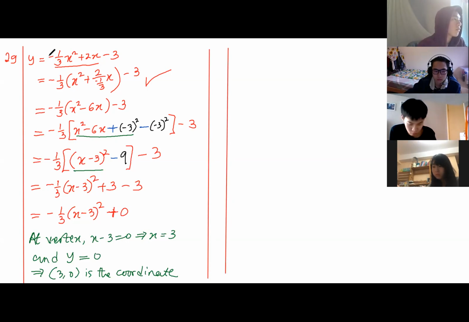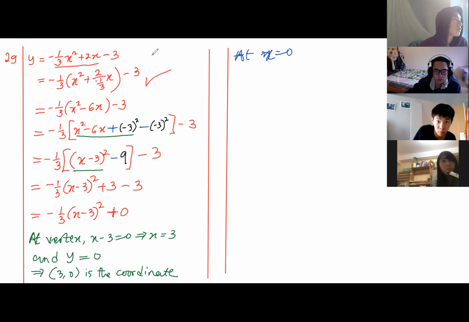So the next question says find the y-intercept. To find the y-intercept, we put x is equal to 0. So actually, there are parts in this problem. Making it in that form is number 1. Finding the coordinate of the vertex is number 2.